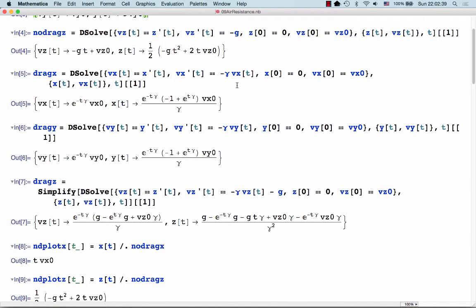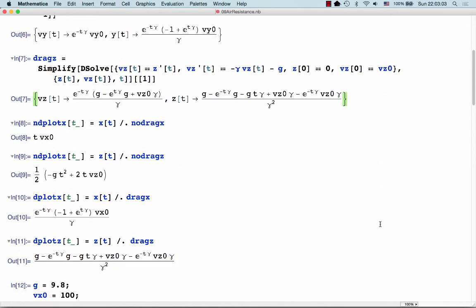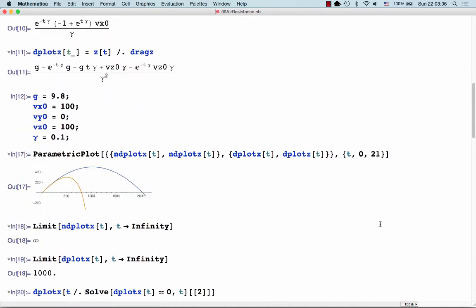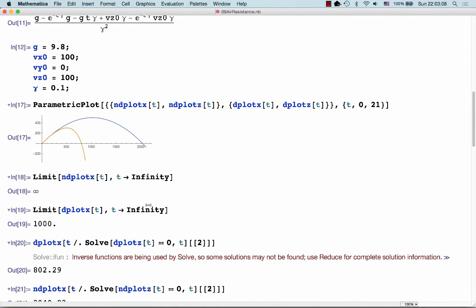Similarly, I did the linear drag, got the x solution that we got before, got the y solution that we got before, or sorry, it's just in 3D in general, so the x and y solutions are the same. And then here's the z solution that we got before, although Mathematica doesn't write it as pretty. And then just for the giggles, I went ahead and plotted the two of them.